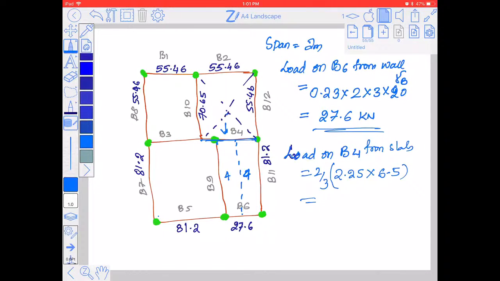Here we are calculating the load from this panel for a length of 3 meter, but the length of B4 is only 2 meter. So I am writing the span of this beam and the total load distributed, that is 3 meter.